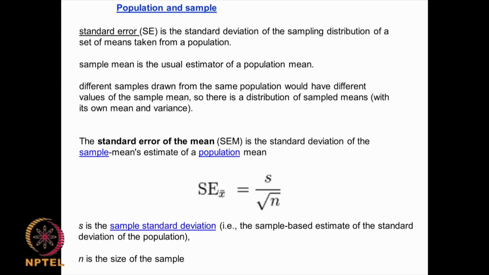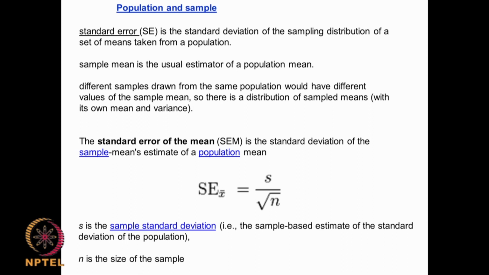So, if I am taking a set of samples, I will get a mean. Now, I put it back, then take another set of samples, I will get another mean. If I keep on repeating, I will get a large number of means. These means will be normally distributed, with their own mean, that is the mean of all these means, and their own standard deviation.